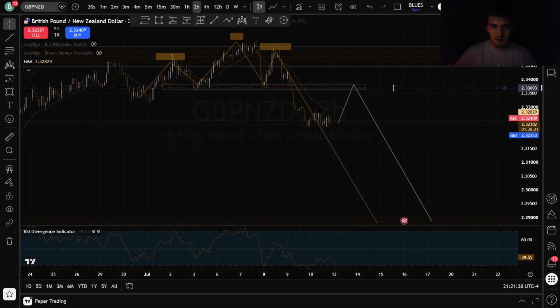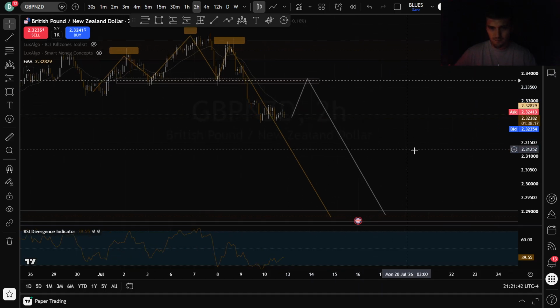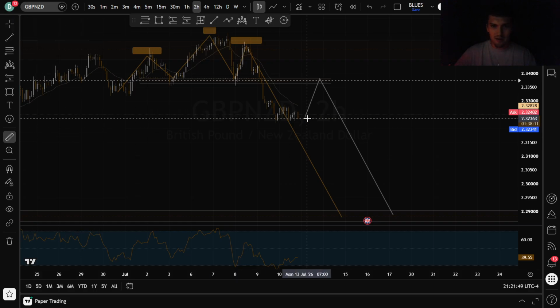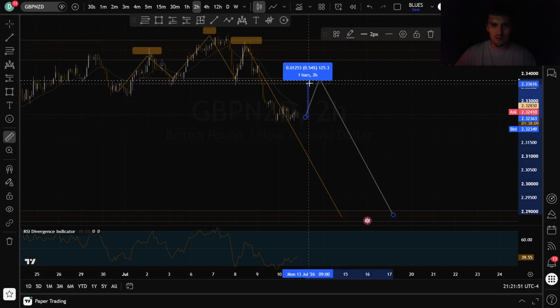So I'm going to put my alert around the midpoint of this box, which would mean, so if you go to this little measuring tool right here, it'll show you the exact amount of points that we would have to go up. Gosh, which is 136 points.